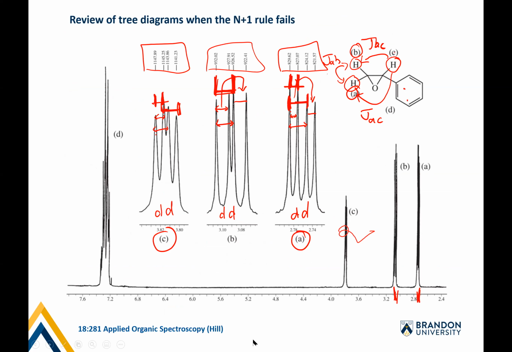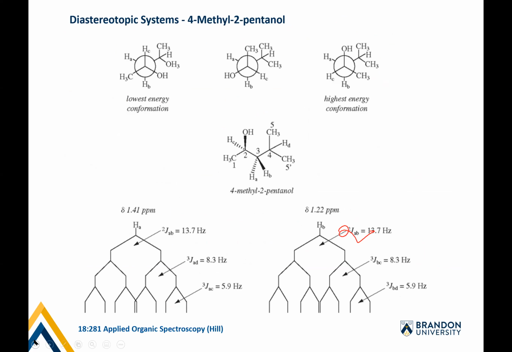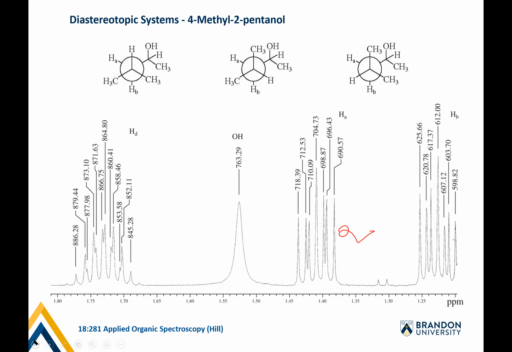And the other example was here, the two peaks have different chemical shifts, but they're attached to the same carbon. So when you've got diastereotopic protons, they can have different chemical shifts, but they're coupled to one another. So I guess that's the key point.